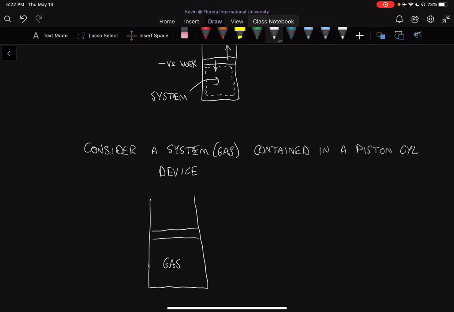Now, what we're going to add to this system is some weights. We're going to add some weights on top of our piston. So this is the piston, and we're going to add some weights on top. Now, what happens if you start removing weights?